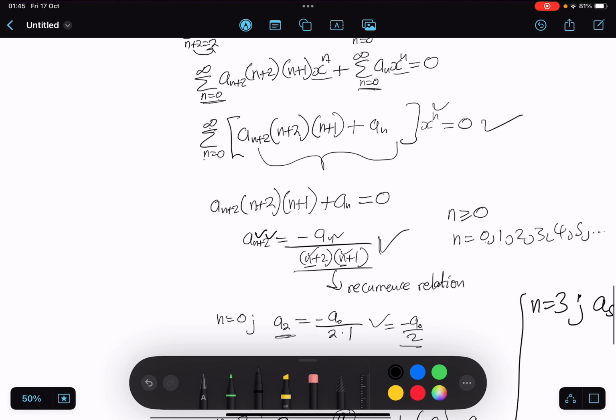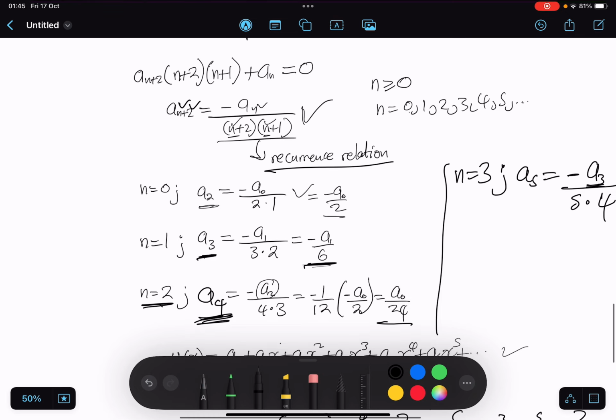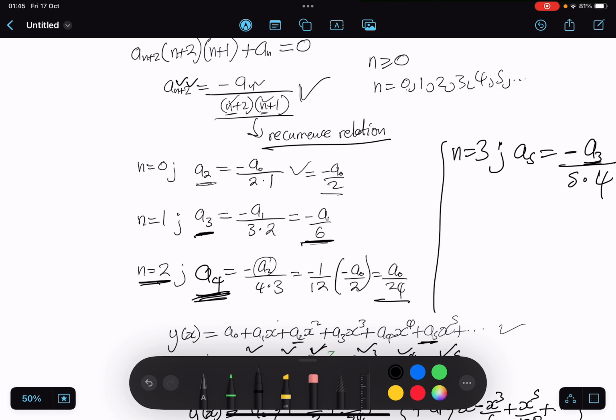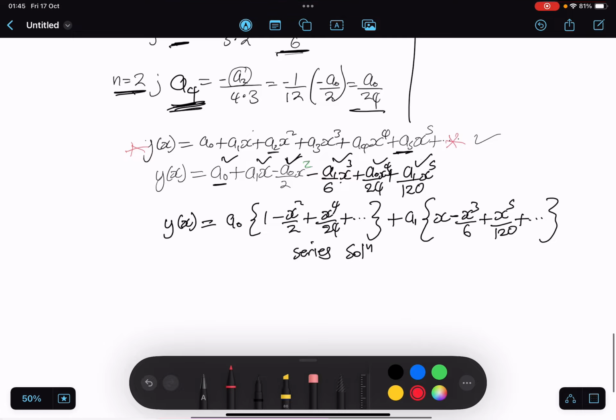Once you get the recurrence relation equation, you generate the coefficients with respect to a0 and a1, and then you substitute them in the general form of your series solution, and then you simplify to get this.